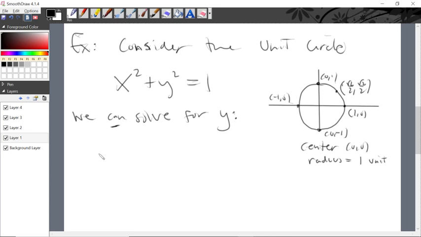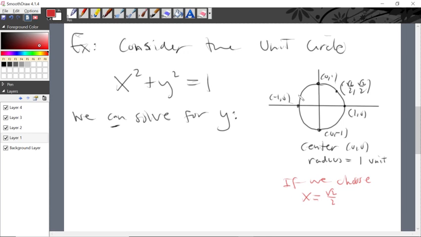If we were to choose a value of x, let's say x is equal to root 2 over 2, we can see from the graph that this circle does not pass the vertical line test.